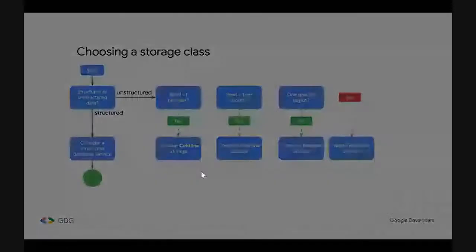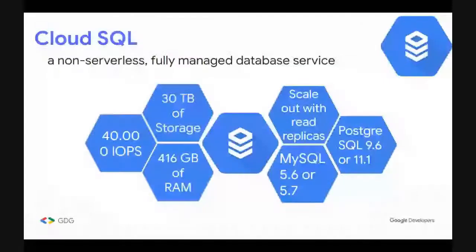Let's move now to Cloud SQL. Cloud SQL is a fully managed service of either MySQL or PostgreSQL database. Cloud SQL delivers high performance and scalability with up to 30 terabytes of storage capacity. Also, 416 gigabytes of RAM per instance.